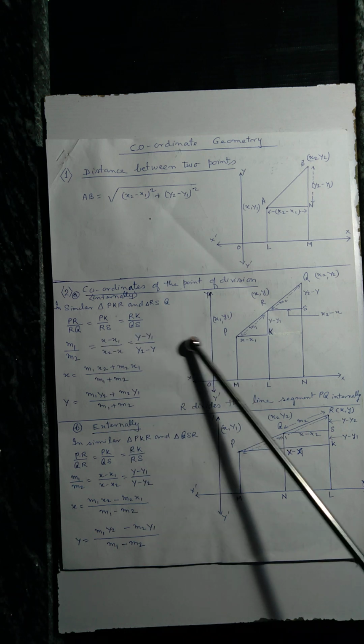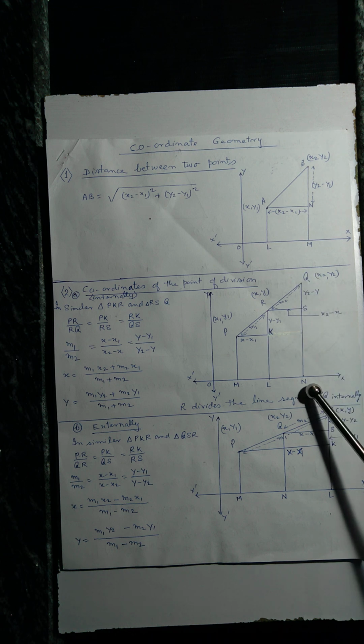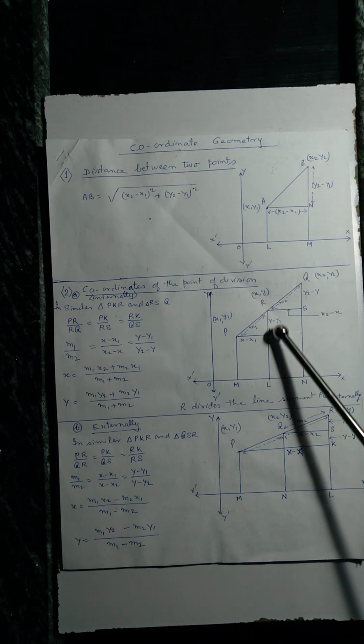Drop a perpendicular from P, that is PM, from Q to the x-axis, that is QN, and from R, that is RL.